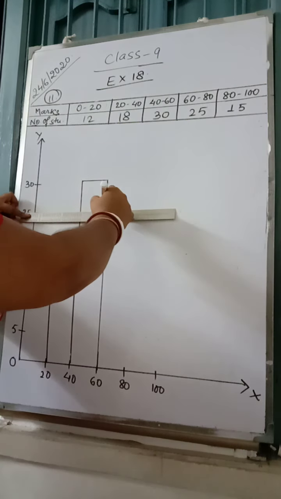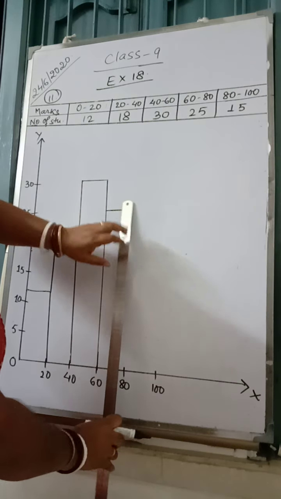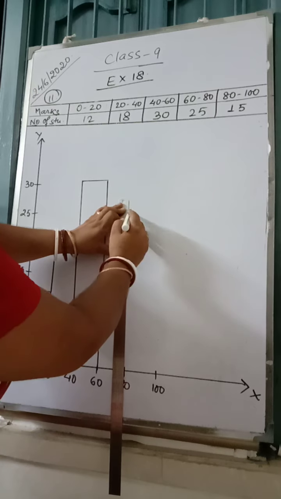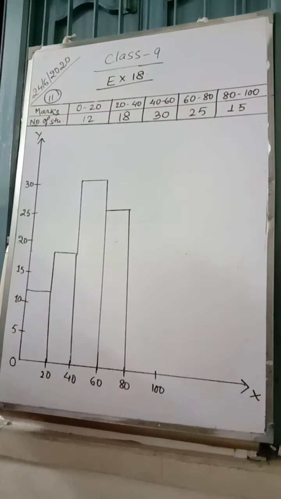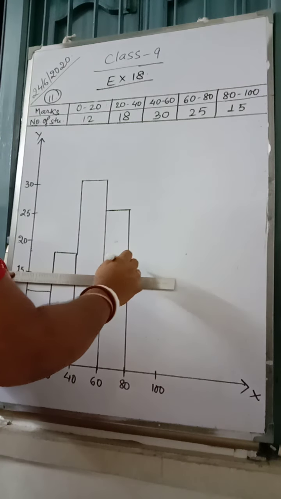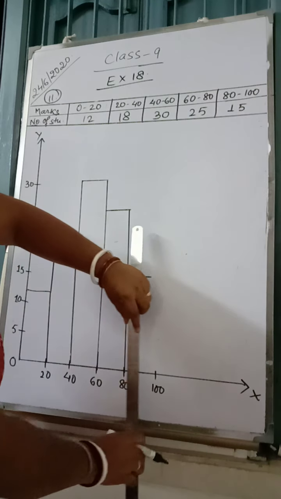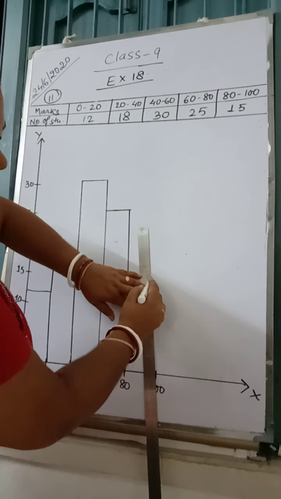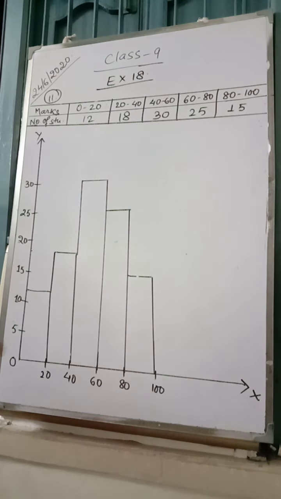So this will come here. Then we will be reaching to the 80. Now next we have 15. So this will come here and then we will be reaching to the 100. Now this is the histogram we have constructed.